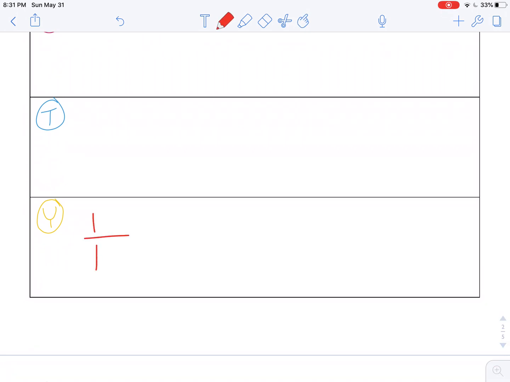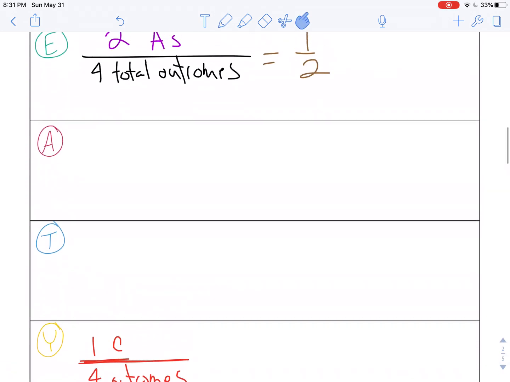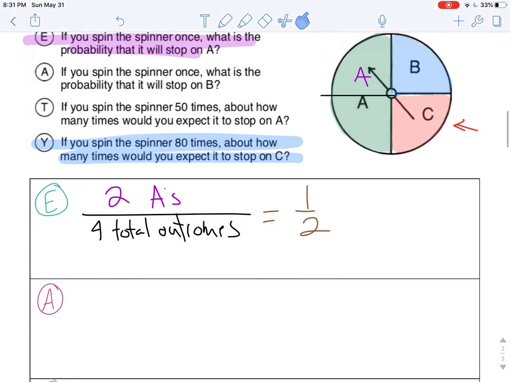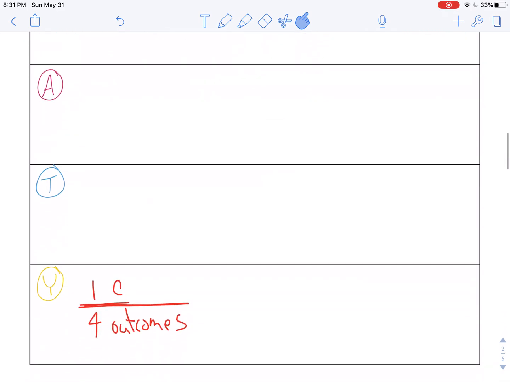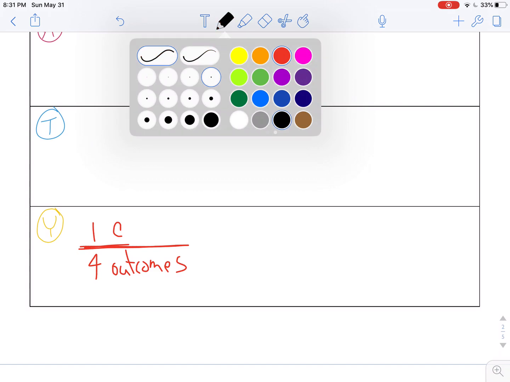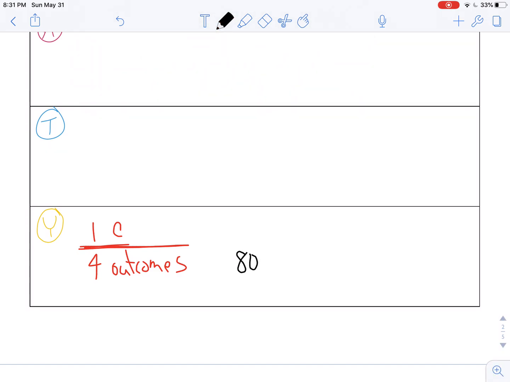I can say 1 C, 4 outcomes. And I don't remember how many times I'm supposed to spin it, so I'm going to go up to the top. If I spin it 80 times, how many times would I expect it to stop on C? So I'm going to spin it 80 total times, so I'm going to write 80 total spins.